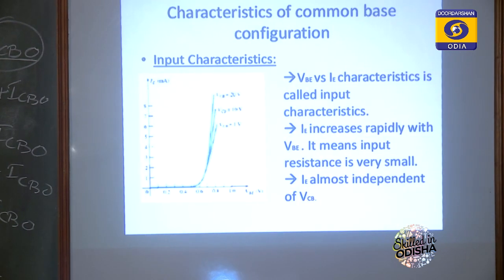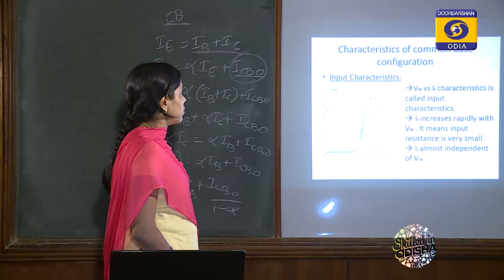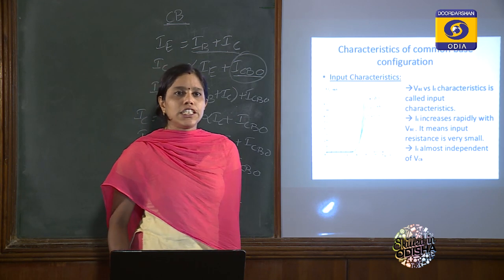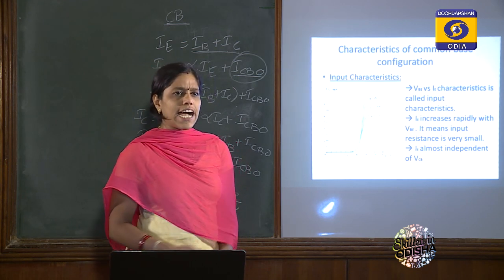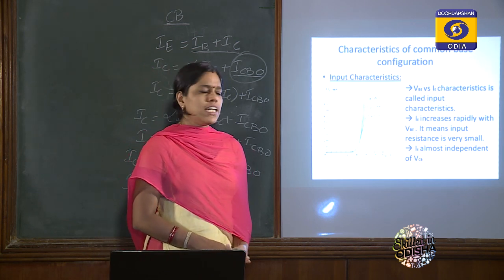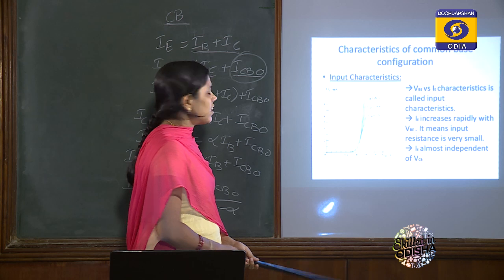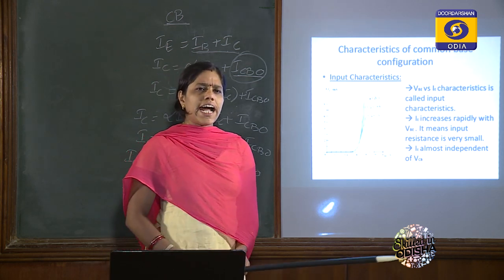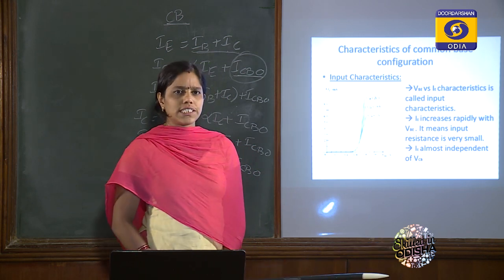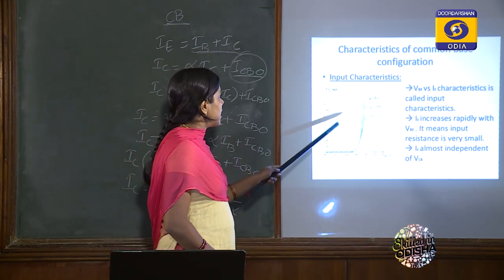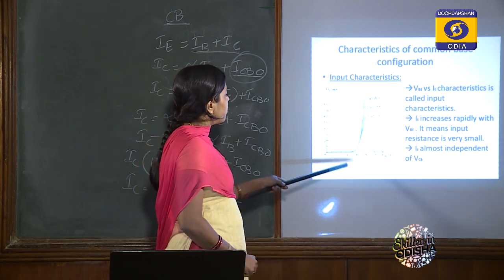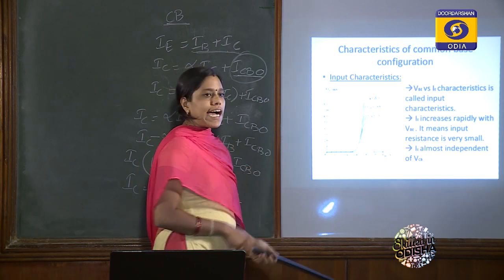The next part is the characteristics of common base configuration. All configurations have two characteristics: first is input characteristics and second is output characteristics. Input characteristics is the curve between input current and input voltage at constant output voltage.